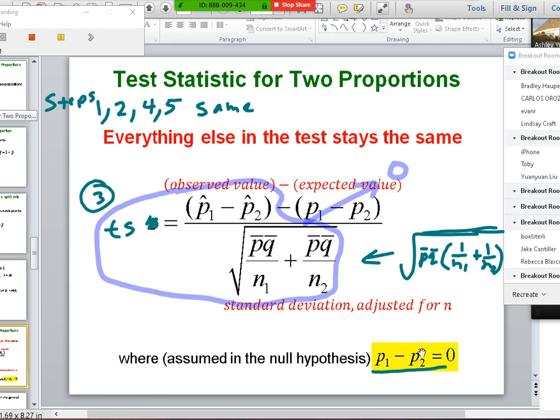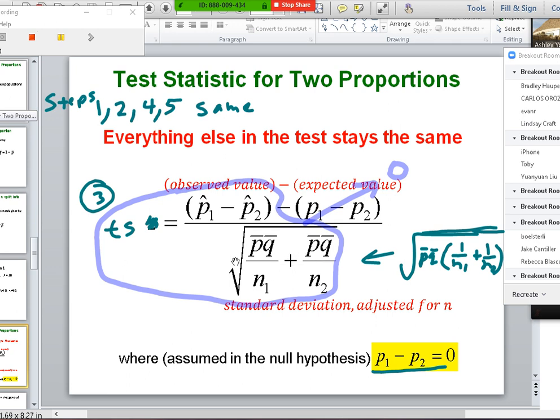That's our null hypothesis. So this just crosses out and goes away, because we expect the difference between the proportions to be nothing. That's what we expect according to the null hypothesis. So we just ignore that part. If you look at the bottom right part, it ignores that. And then the bottom is the square root of, so it's the standard deviation for two populations.